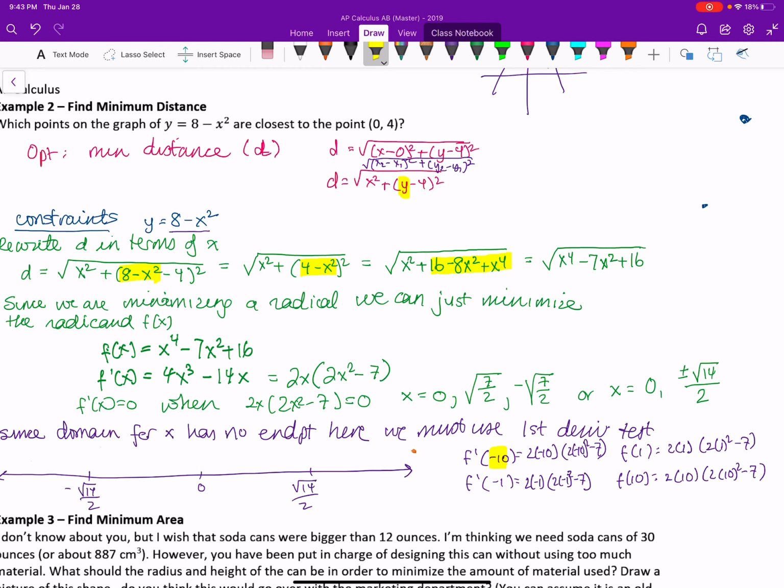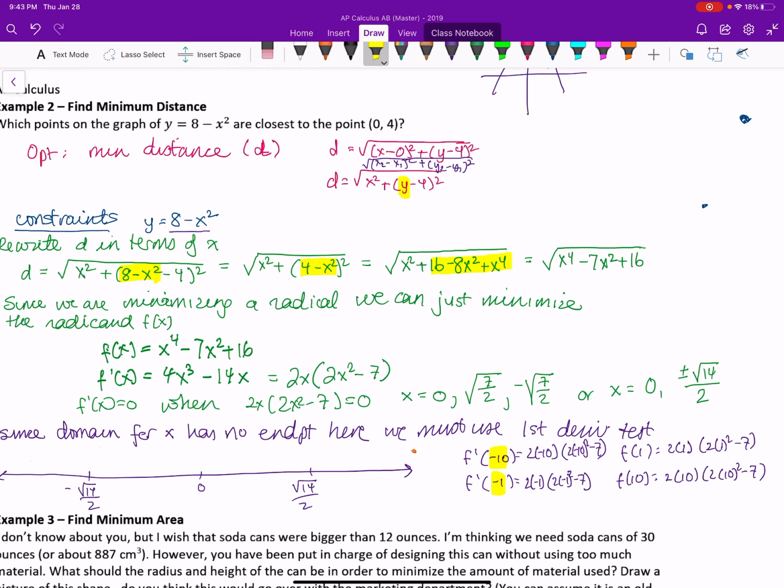I know that the square root of 14 is closest to the square root of 16, so that would be 4 over 2. So it's definitely closer to 2 than it is to 1, so negative 1 is reasonable to use for the next interval to test. And remember, we're literally only interested in the sign here. So we're just looking at what each sign is going to be.